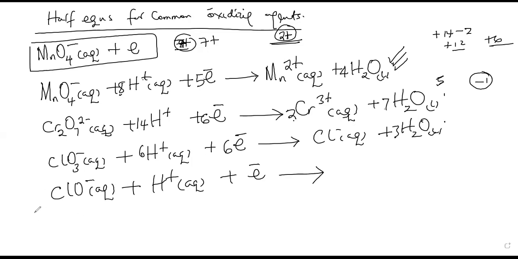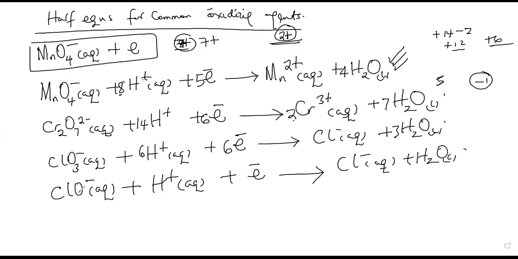Still, the moment you see ClO⁻, just know it is going to be reduced to a chloride. It's going to be reduced to a chloride and water still. But the way you balance it will now change.